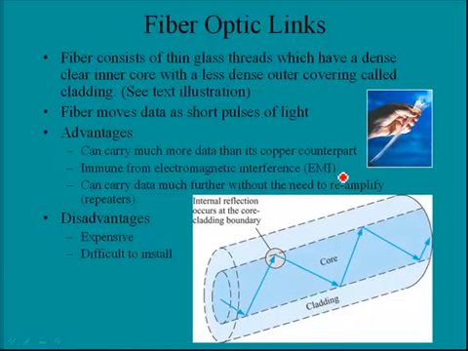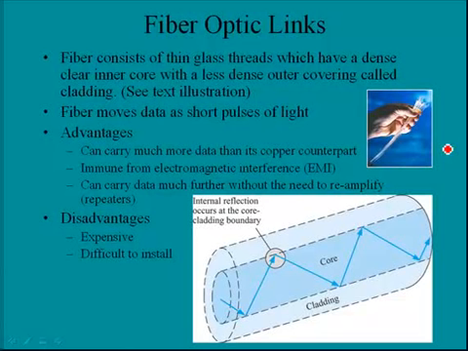Now, EMI is the big enemy of copper, because when you're moving data through a copper line, and if that wire passes through an area where there's, for example, high voltages or magnetic fields, that data is subject to being corrupted.